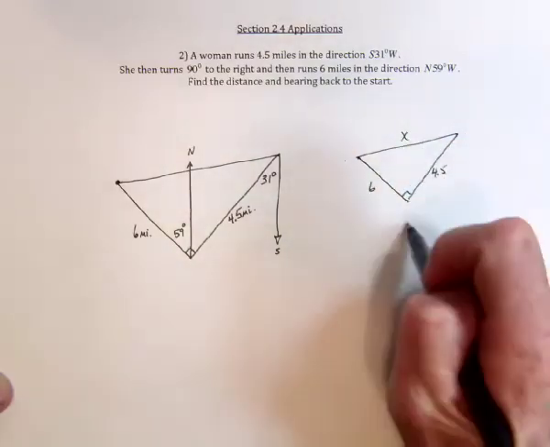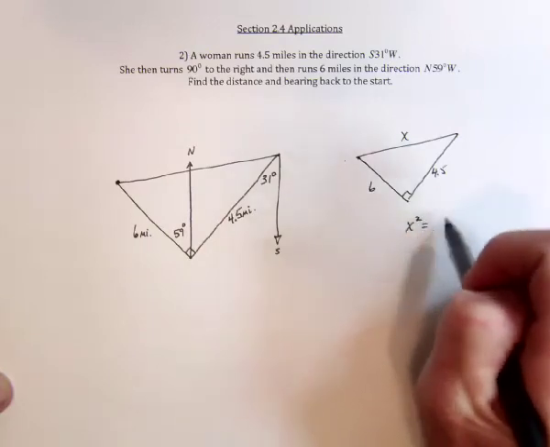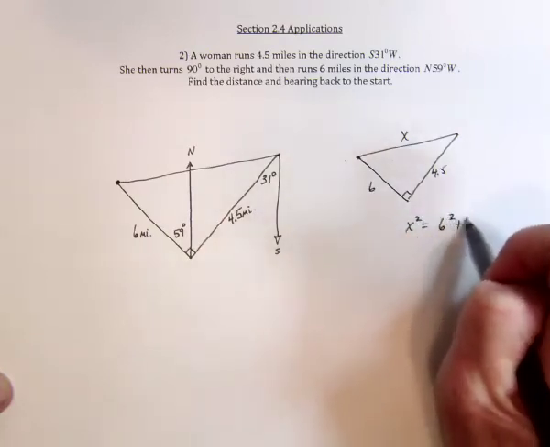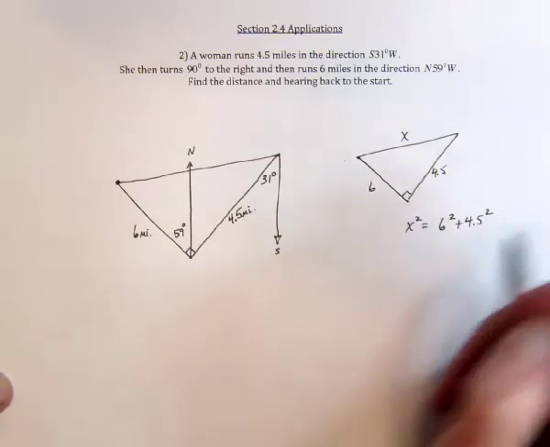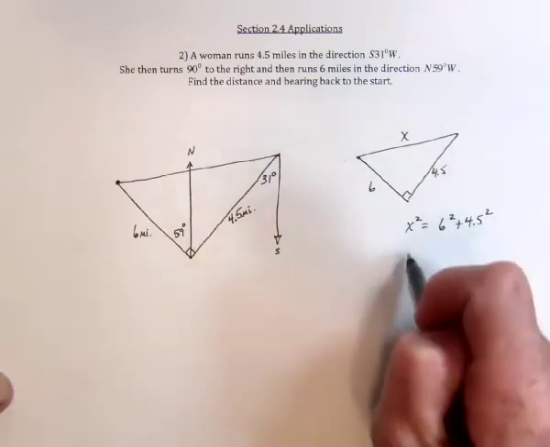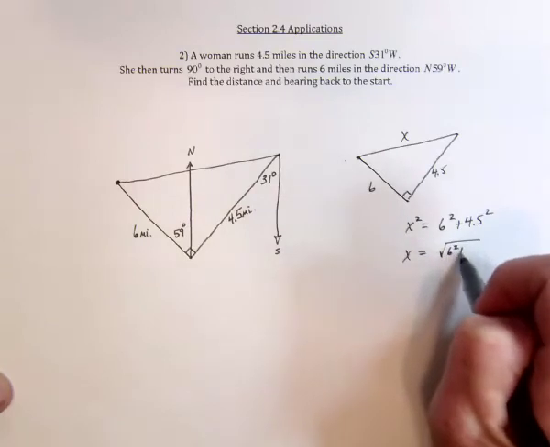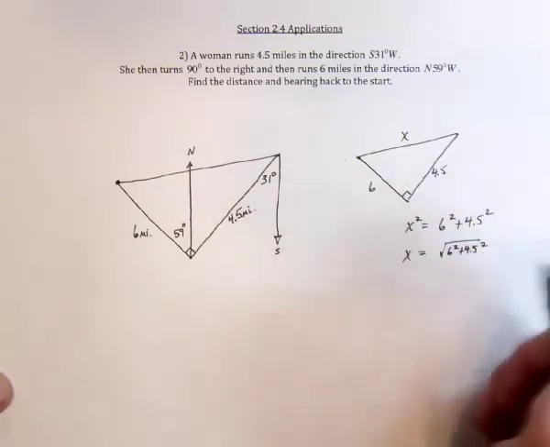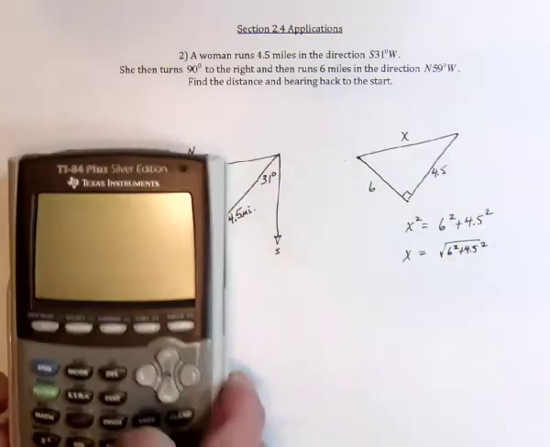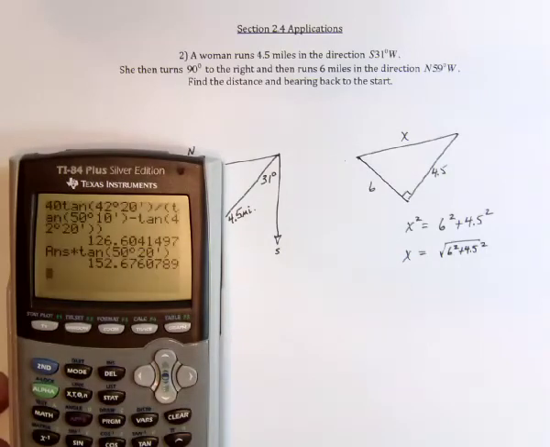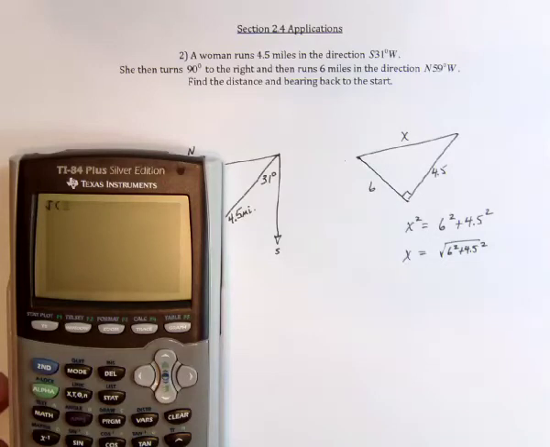So we can just use that x squared equals 6 squared plus 4.5 squared, and then take the square root of that. So the square root of 6 squared plus 4.5 squared.